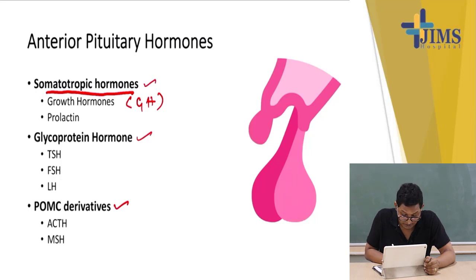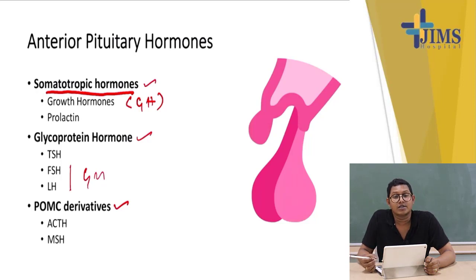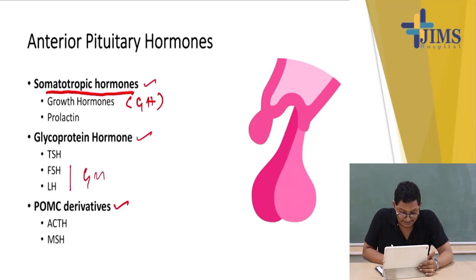Glycoprotein hormones are TSH, that is thyroid stimulating hormone, FSH and LH. FSH is follicle stimulating hormone and LH is luteinizing hormone, which are together called the gonadotropins. The POMC derivatives include ACTH and MSH.